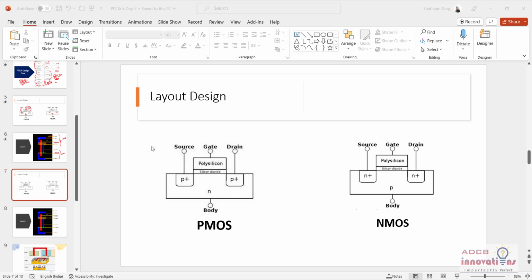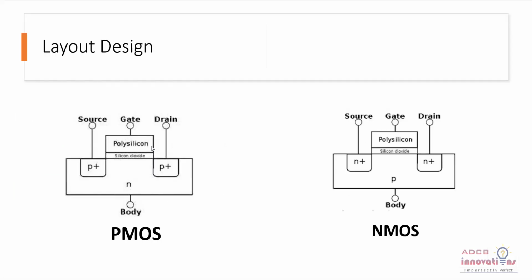We can see here, this is the structure of PMOS and this is the structure of NMOS. So what is actually happening here? First of all, both structures have a source, drain, and a gate terminal. The source is connected to P plus diffusion in this PMOS, that is P type doping, and the drain is also connected to P plus.